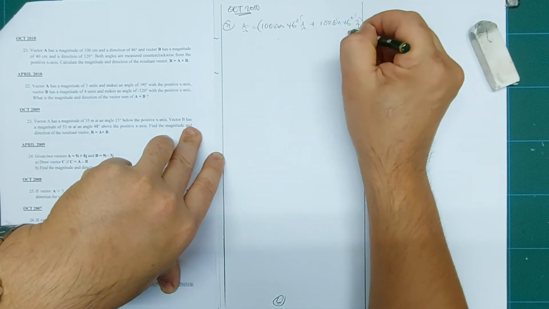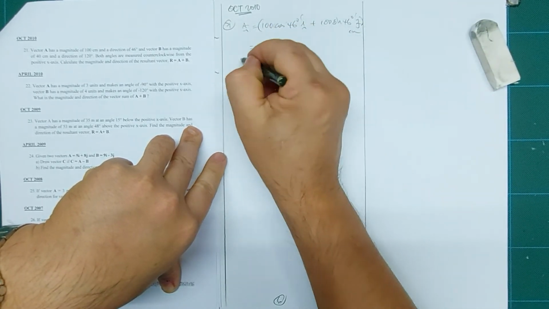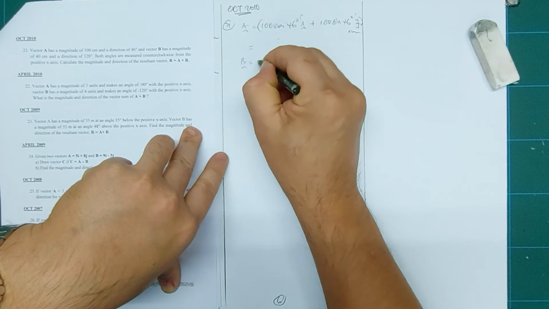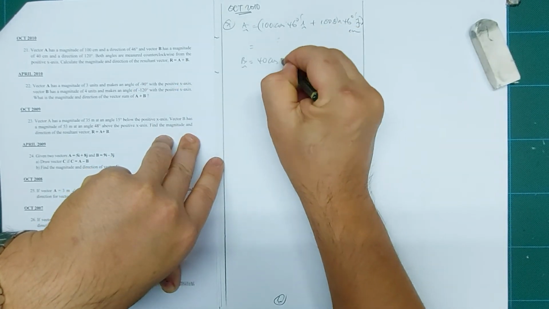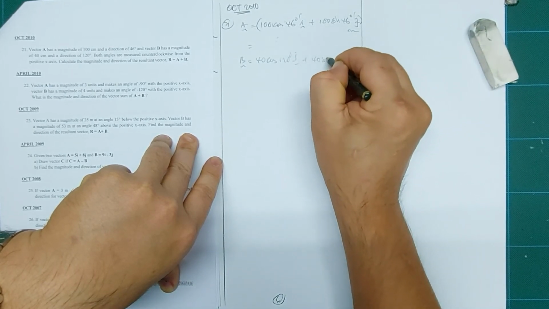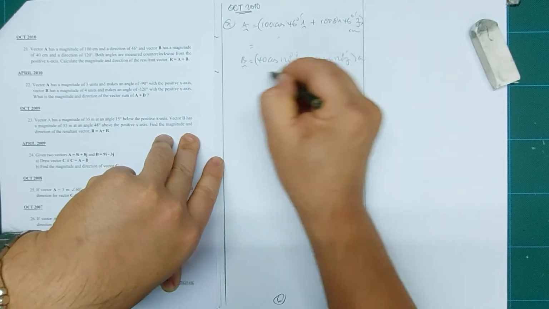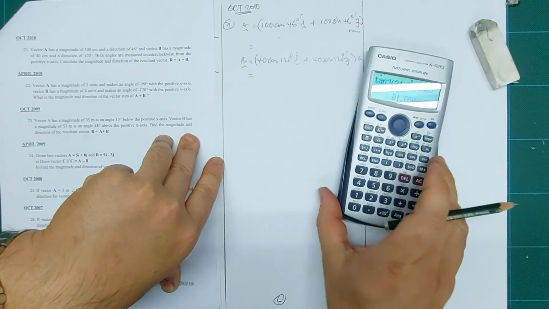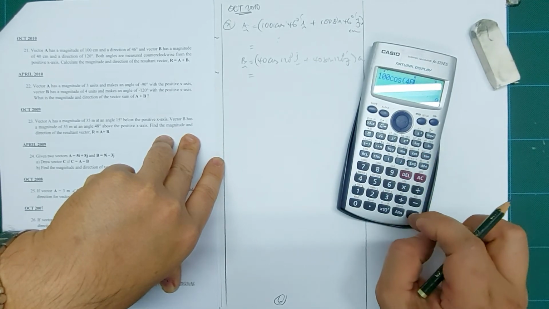Everything in centimeter. And then B is 40 cm, cosine 120 degree i and 40 sine 120 degree j.